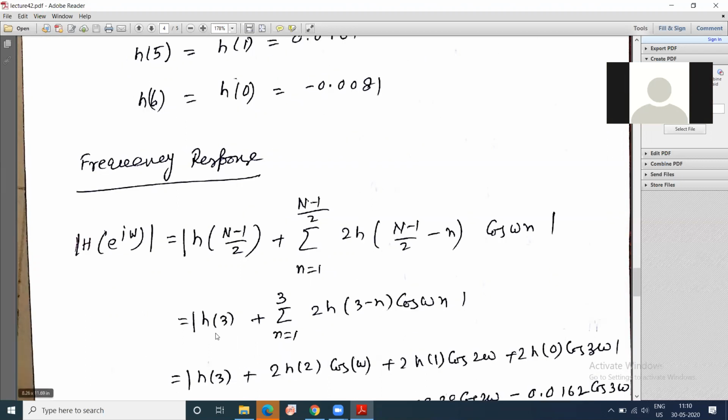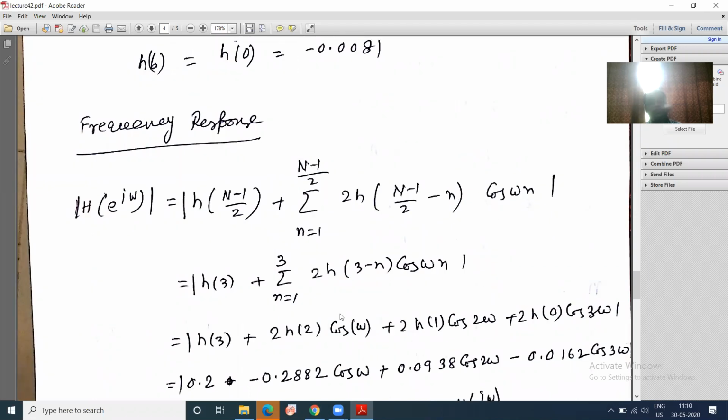So h((N-1)/2), with N equal to 7, 7 minus 1 by 2 means h3. Then you will write n equal to 1 to 3, 2 times h of (N-1)/2, that is 3, minus n, and cos nω. Now, if I substitute n equal to 1, it means 2h2 cos ω.